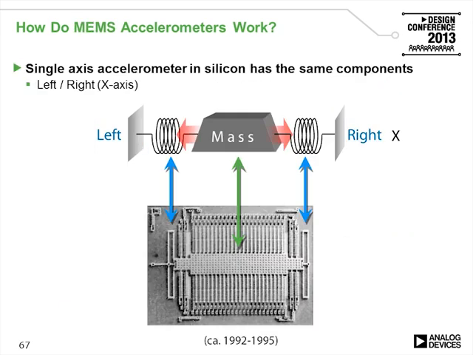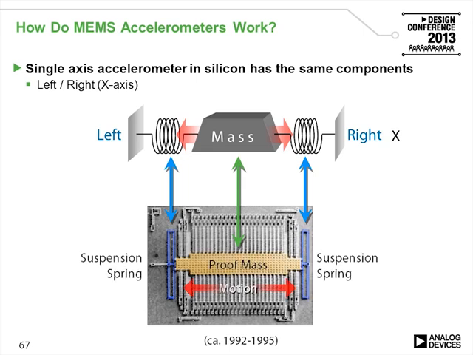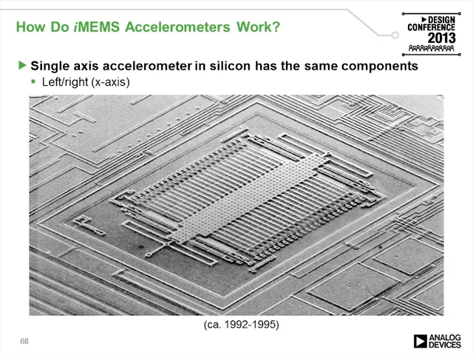What do these things look like in real life? This structure is what a single-axis accelerometer looks like. This is a pretty old part, as you see, but it's a very good way to illustrate what an accelerometer looks like on the inside. So in yellow, the proof mass, in blue, the springs, and in red, the back and forth motion or acceleration.